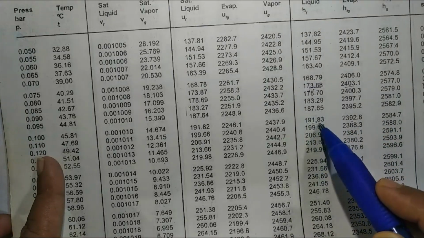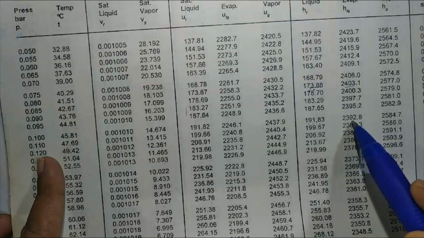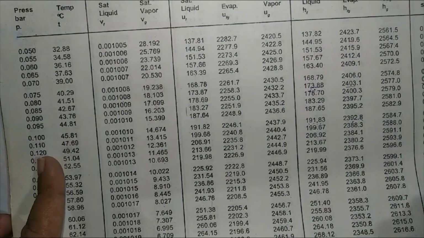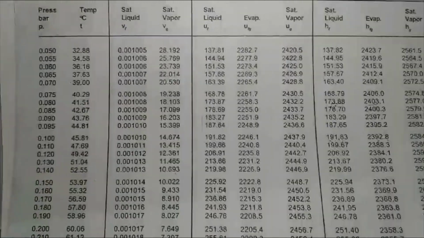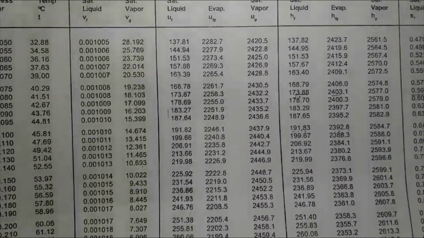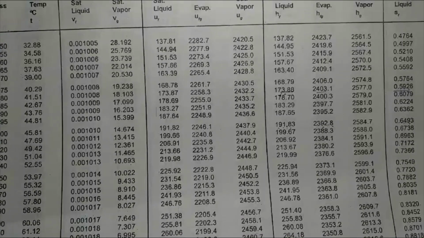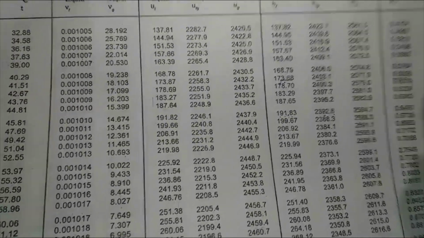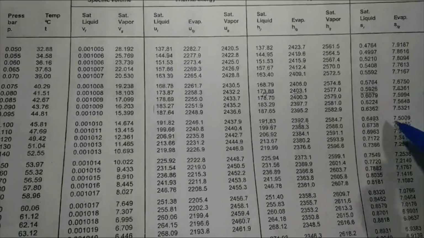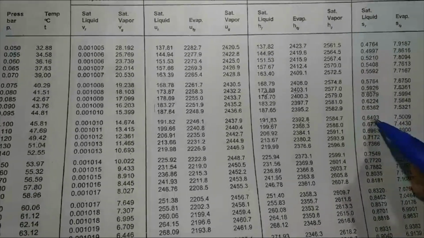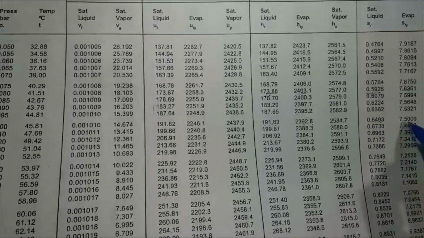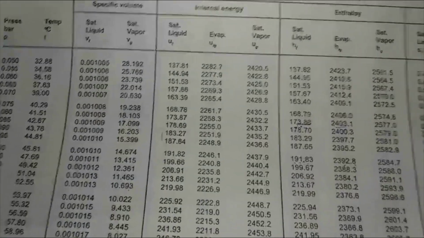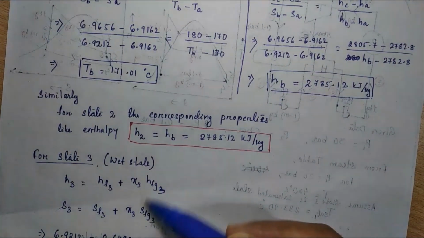HF value 191.83, HFG 2392.8, SF 0.6493 and SFG is 7.5009. See, it is clear. SF value is 0.6493 and SFG is 7.5009, right? So these values we have to substitute here in these two equations.